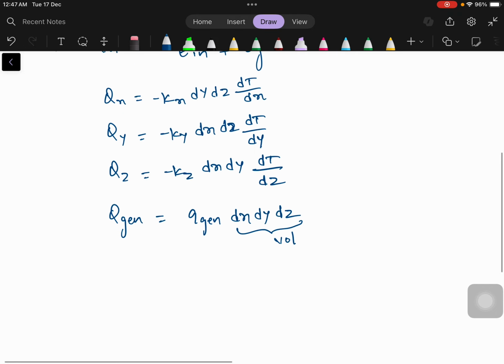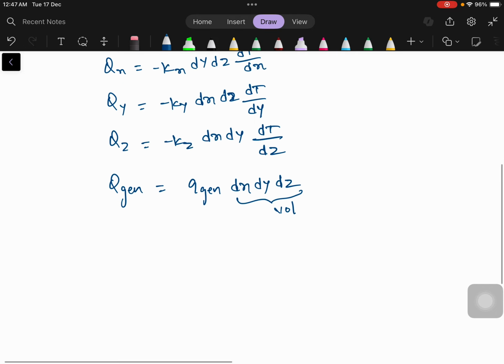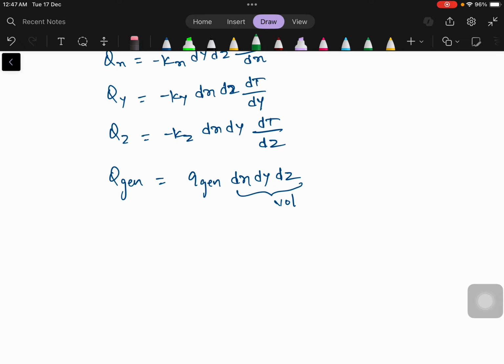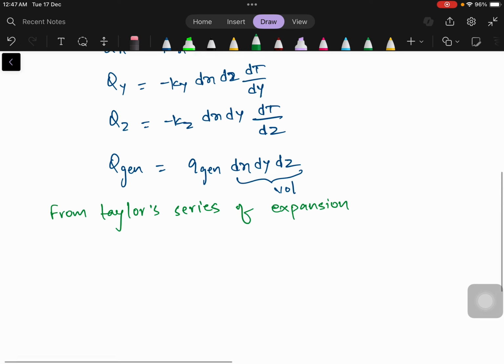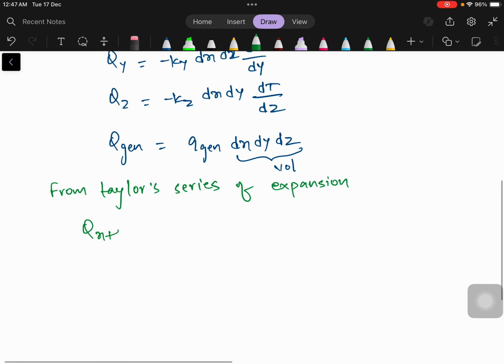One more thing, from the Taylor series expansion, we all know Qx plus dx is Qx plus del by del x Qx dot dx.